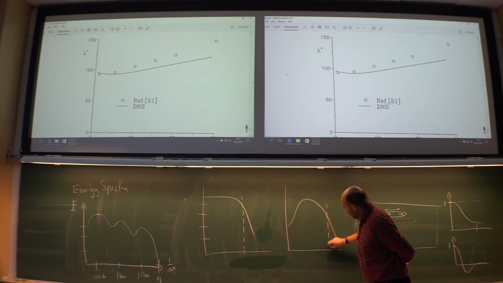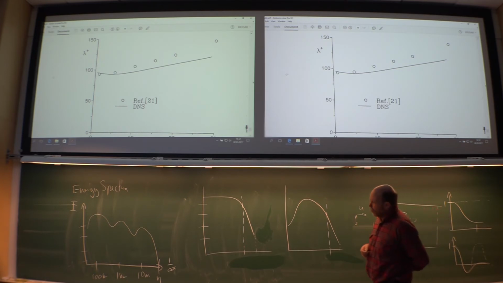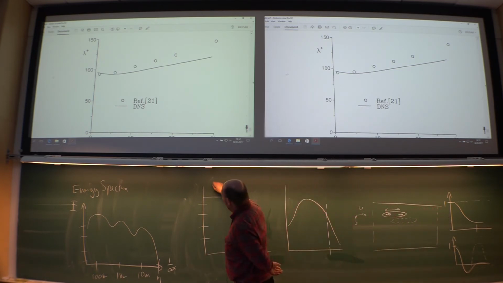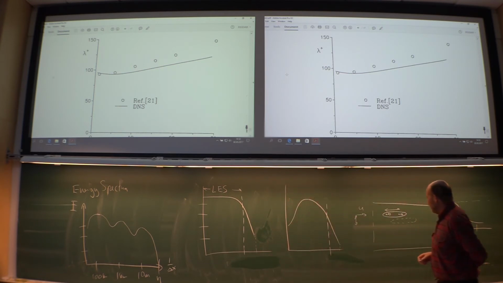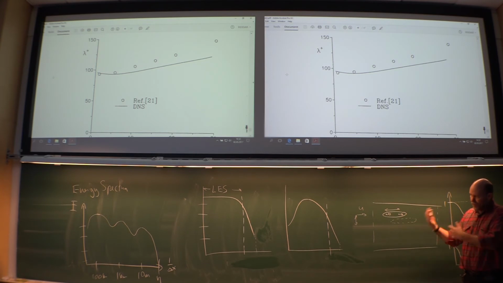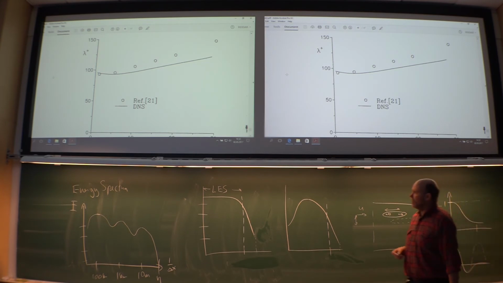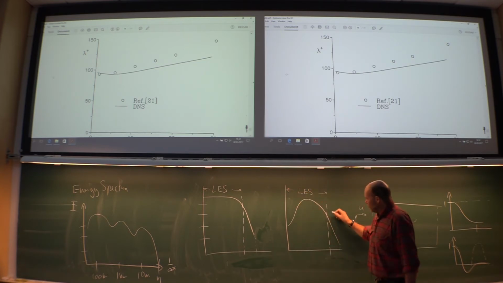I can't really do everything, but I get the broad part. I get the large eddy simulation here. And that should be most of the activity, most of the turbulent motion. Yes, I can cover that with my simulation.